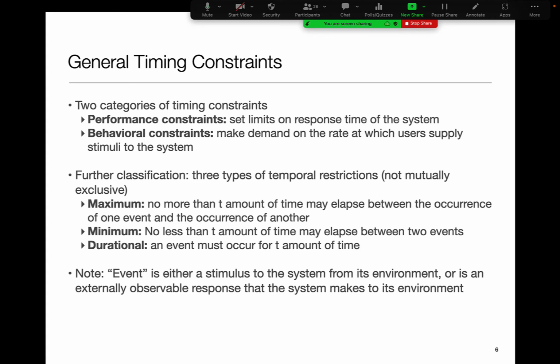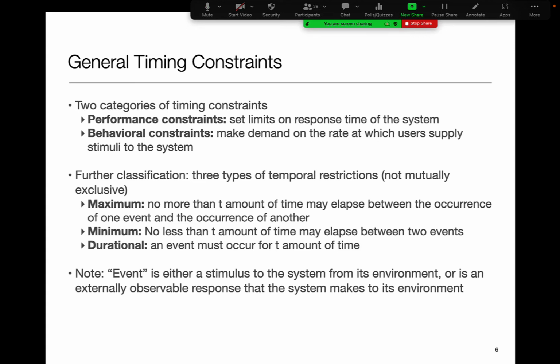The timing constraints that we design for are kind of like a contract. We are going to design the system, but there is the other party also, namely the physical world or human world, and we are going to design our system with certain expectations from the physical world.